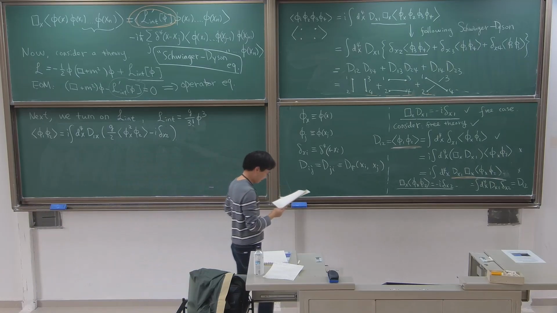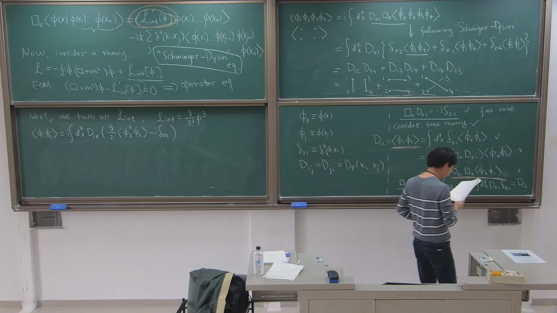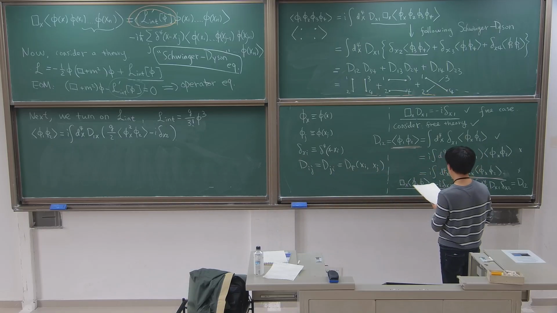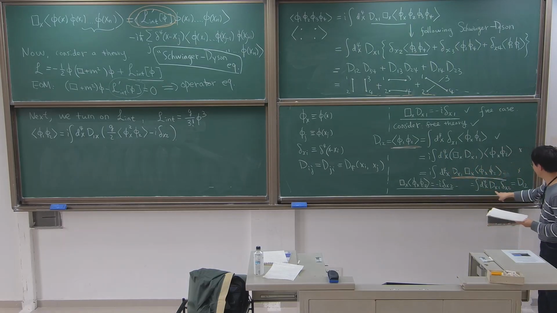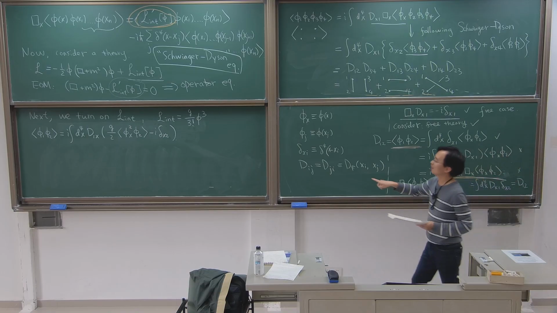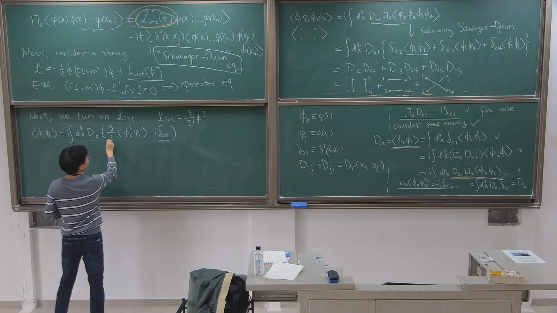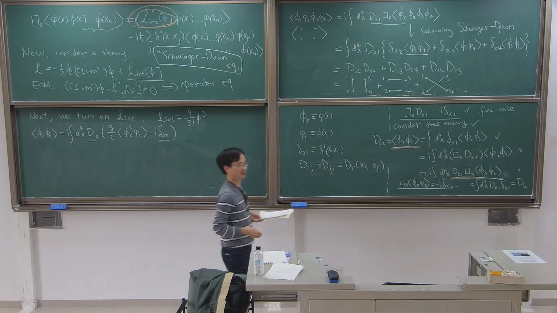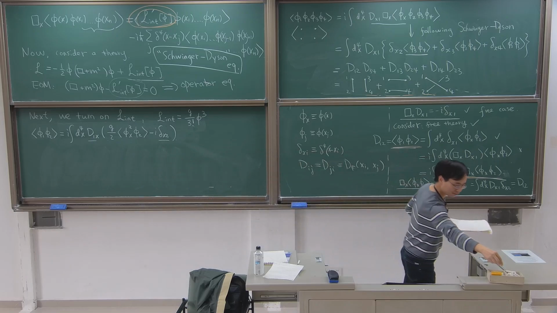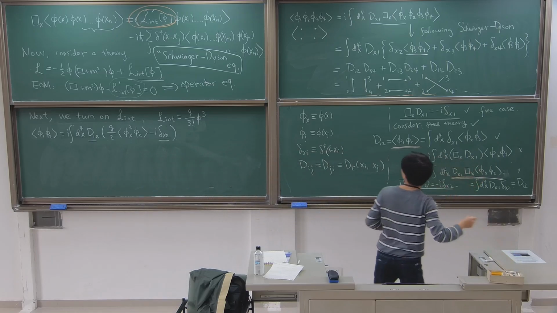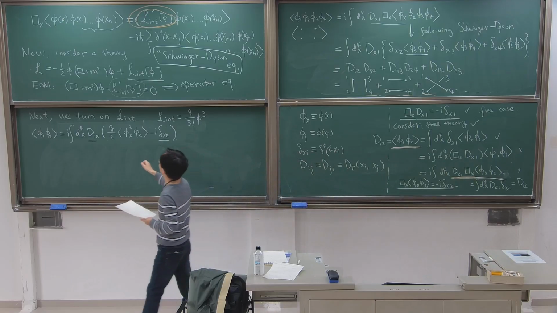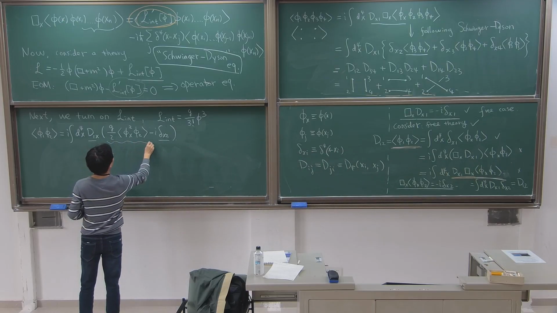Previously, we said in the free case, one can simply get finally the result where D can be equal to D together with the delta, right? Now there is an additional contribution, essentially because of the interaction.